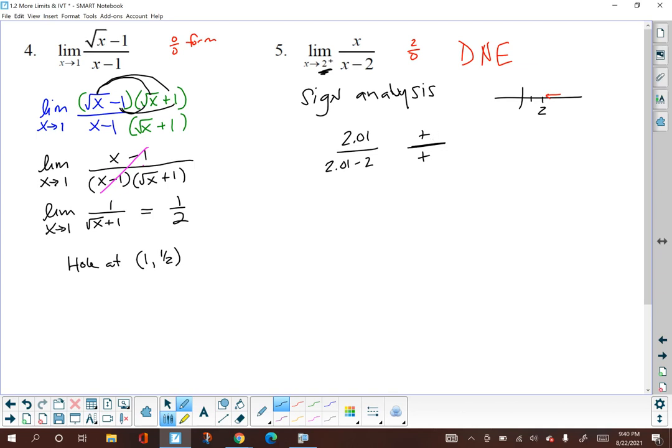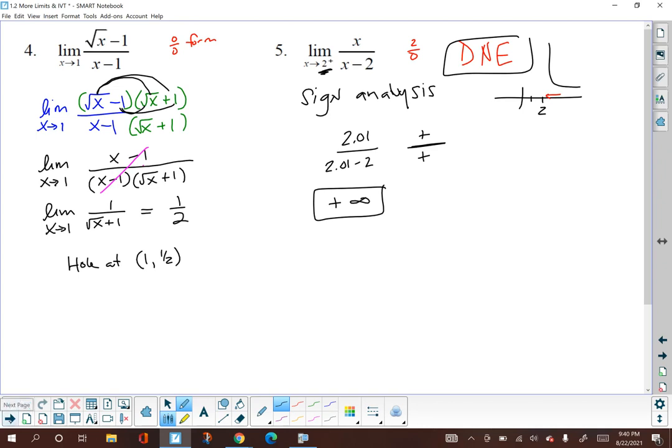In this case, both the numerator and the denominator are positive, so this limit is positive infinity. And again, it does not exist, but it's sometimes good to have more information, like how does it not exist? Well, it doesn't exist because on the right side of 2 we have a vertical asymptote that's approaching positive infinity like that.